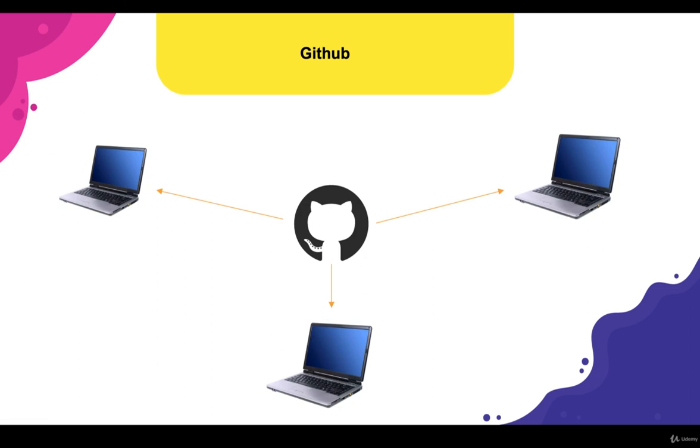Let's say we're all on laptops, right? We're not on a network. And then we can clone this repository onto our own computers. That way we'll have a local version of this repository. Then we can all work on whatever code at the same time.